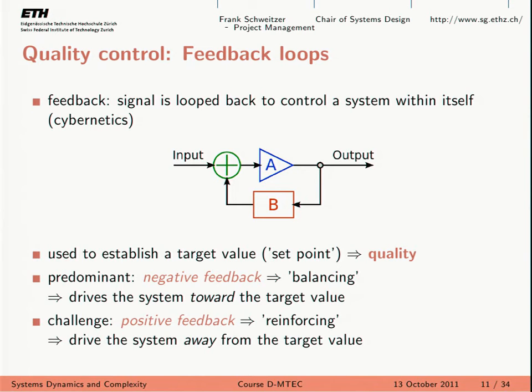For instance, you set a quality standard. A negative feedback loop would be, you go back, you fix something in your process so that this quality standard can be achieved, right? A simple example again is the heating system, where you constantly try to bring the output to the desired temperature.